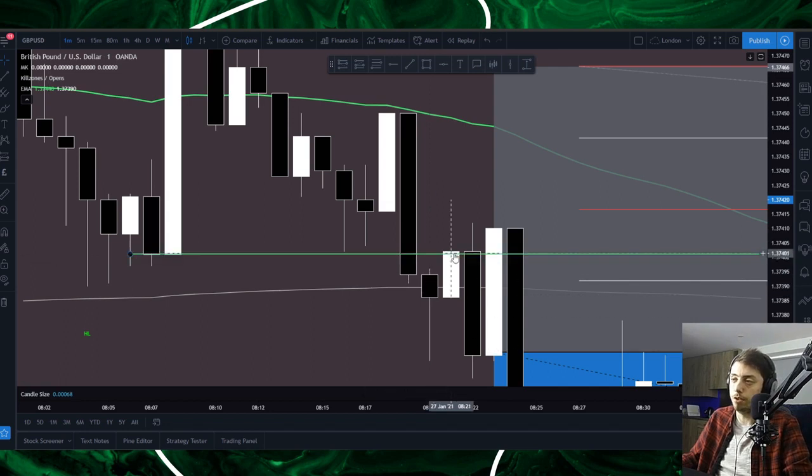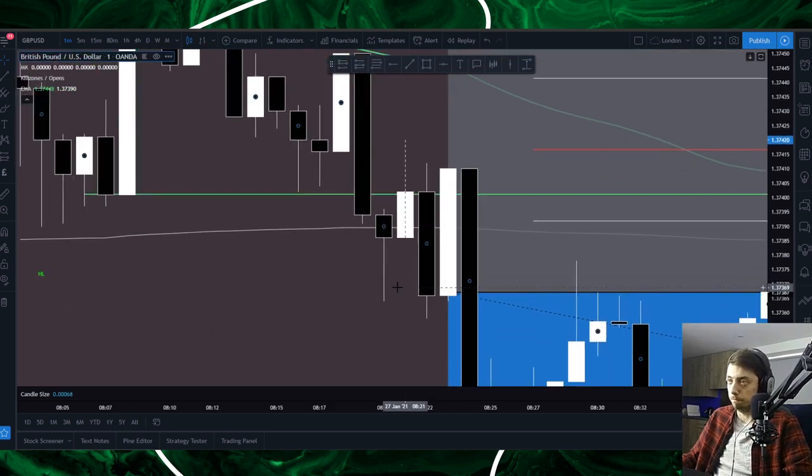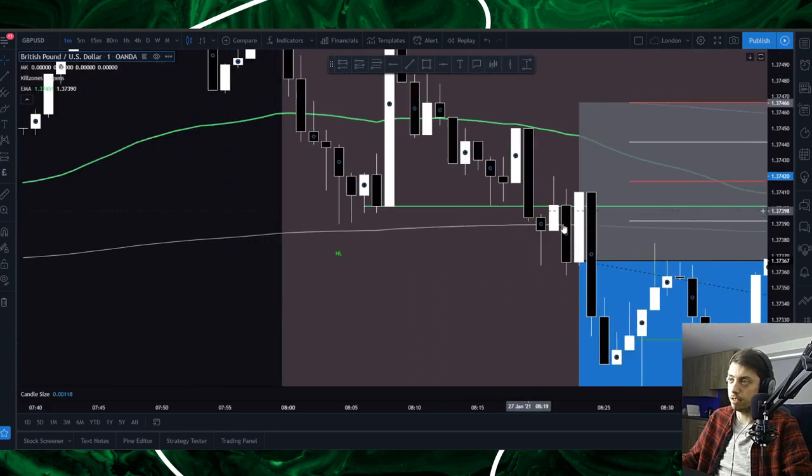Then the next candle can touch. So we need to have a little bit of space in between the break and the retest. It can be one candle, but you need to have a little bit of a gap in there, okay? So then once we get the retest and we get the down candle, we are entering that trade.